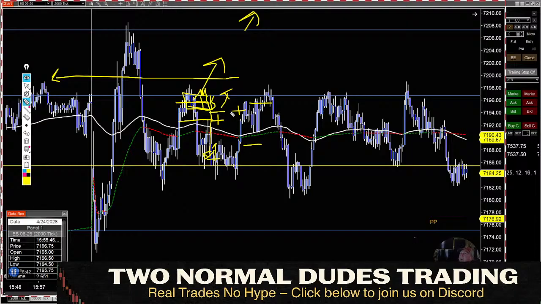So if you're adding a contract here, or even here, you're probably taking off, especially in a neutral market, somewhere around VWAP in 89. So then you've taken 2 contracts in profit. Now you're net 1. When price comes back up here, you add another contract.